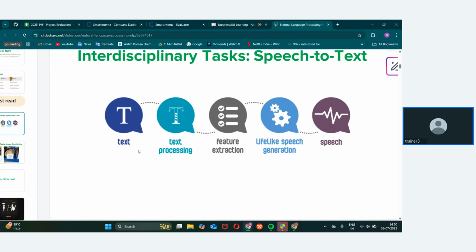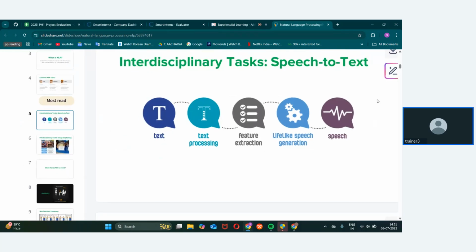Also, next what happens? Lifelike speech generation. From that text, or from the features that have been extracted, a speech will be generated. And at last, speech. All this happens in text to speech, inside our Alexa, or you might take Google Assistant.